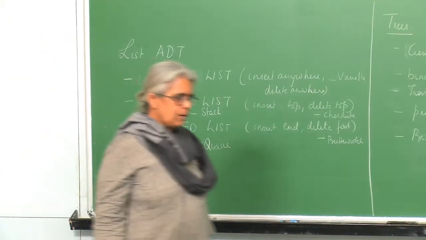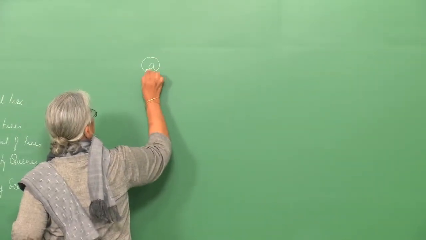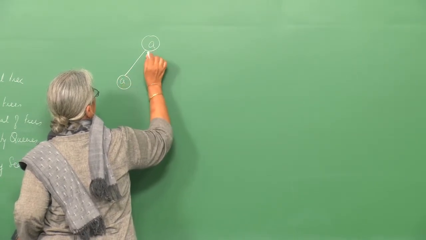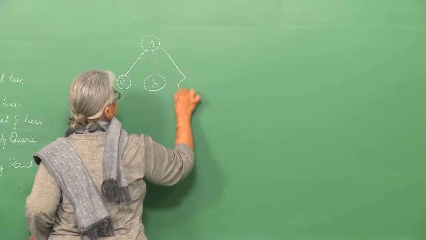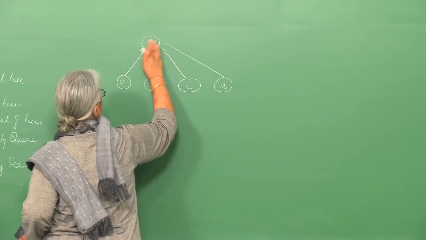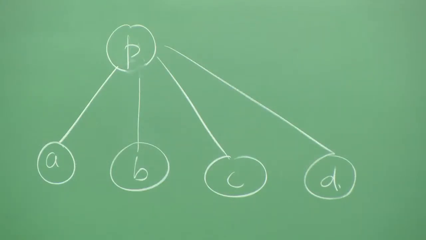Now, today what I want to talk about is, let us say I want to represent the family tree. Suppose I want to represent my family tree. Let us say P are the parents, does not matter whether mother or father, and let us say you have 4 children and these are your siblings.